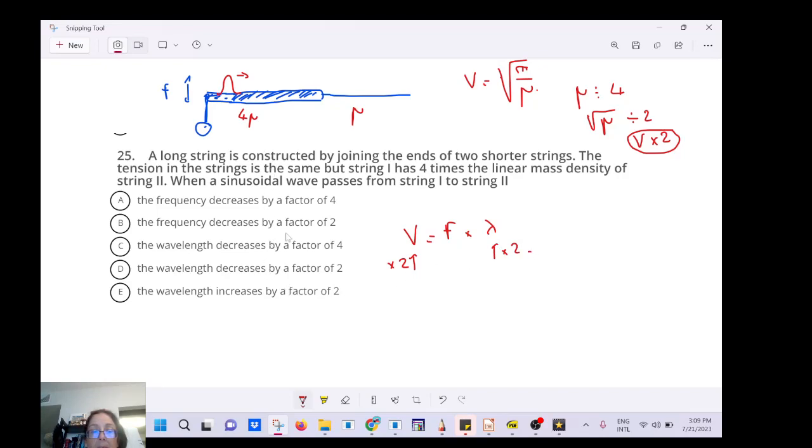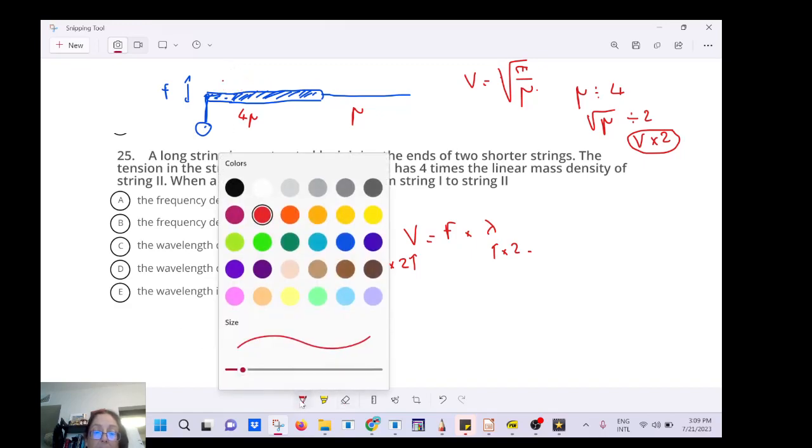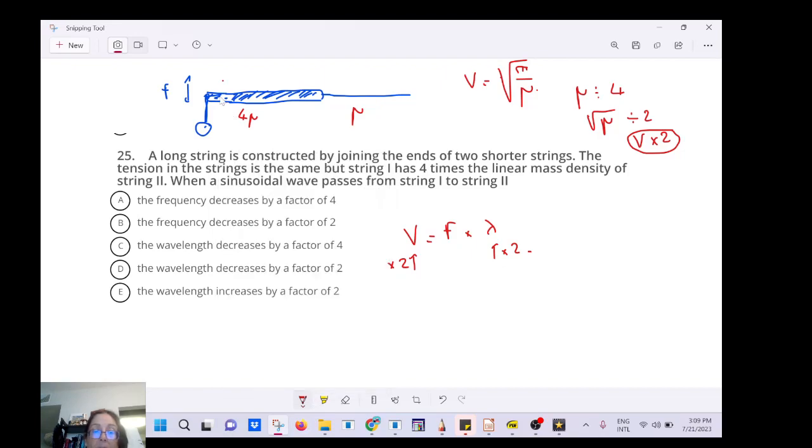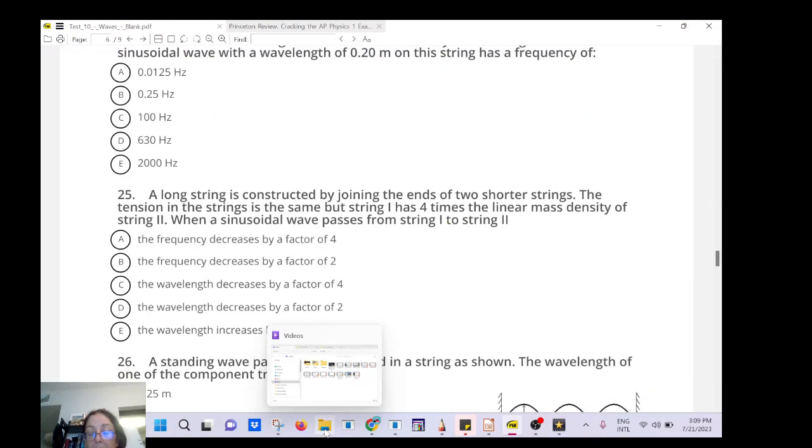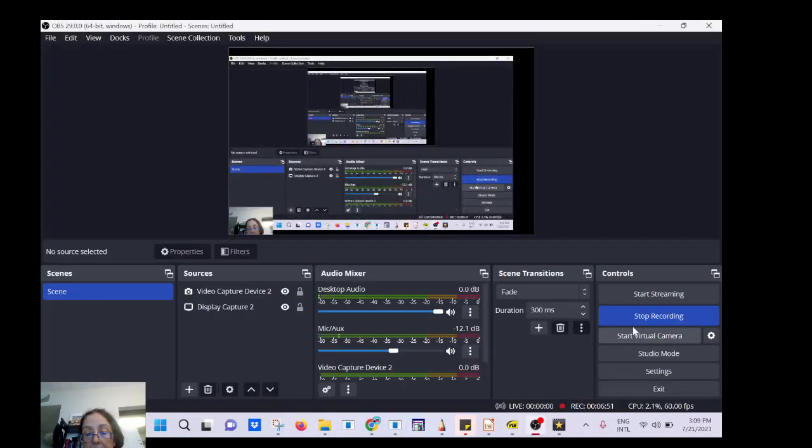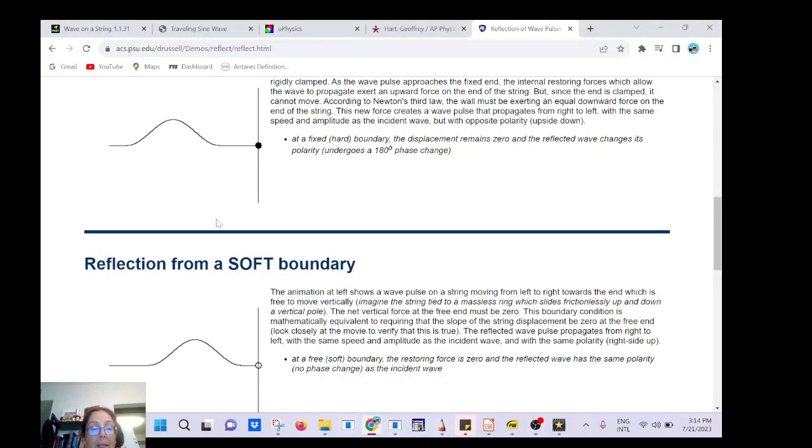So if you have a traveling wave, here you have a small wavelength, and all of a sudden you have a large wavelength moving. If I can remember the website, here it is, you see.